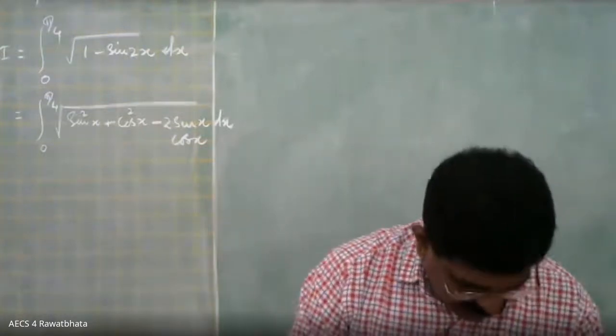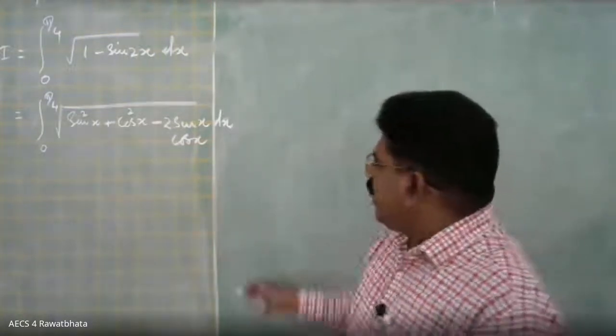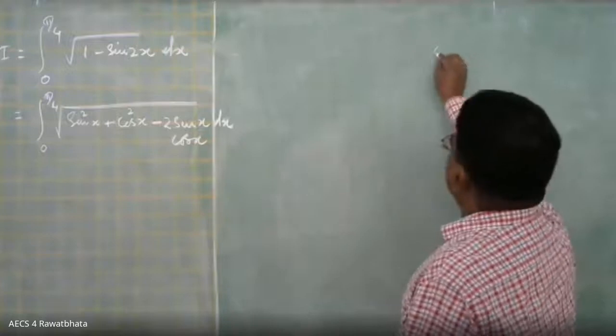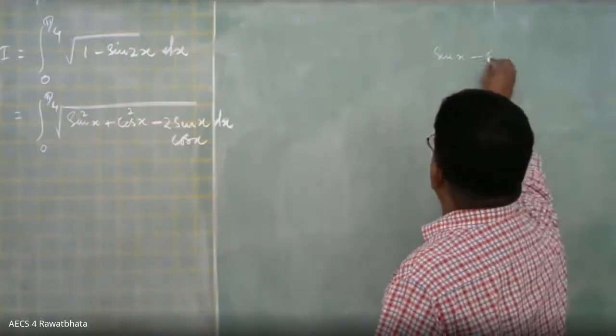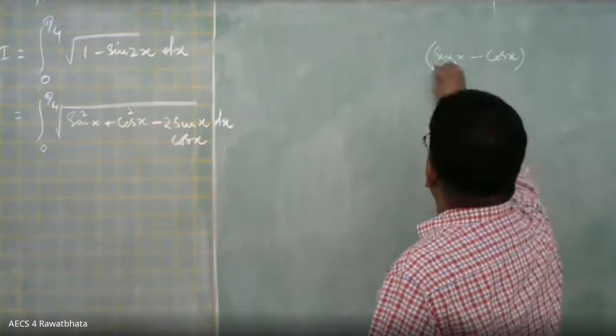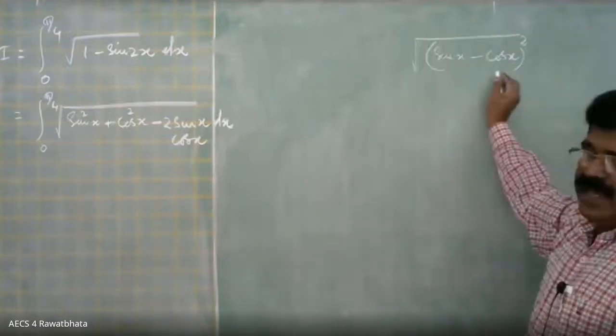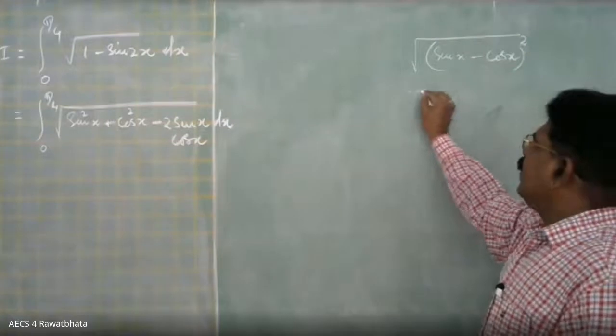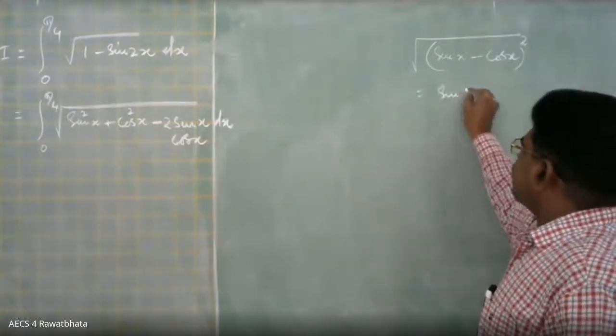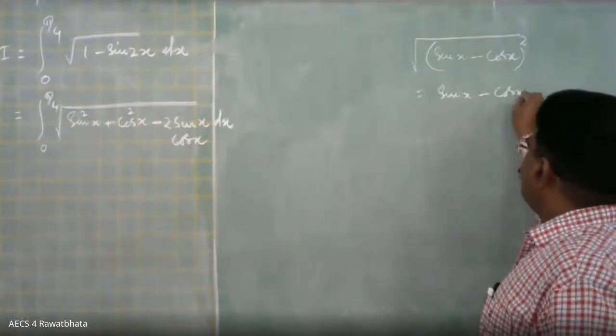Correct? Here which one we can take? Now, this is the sine x minus cos x the whole square. Correct? Under the root. Yes, children, listen carefully. So that is sin x minus cos x.